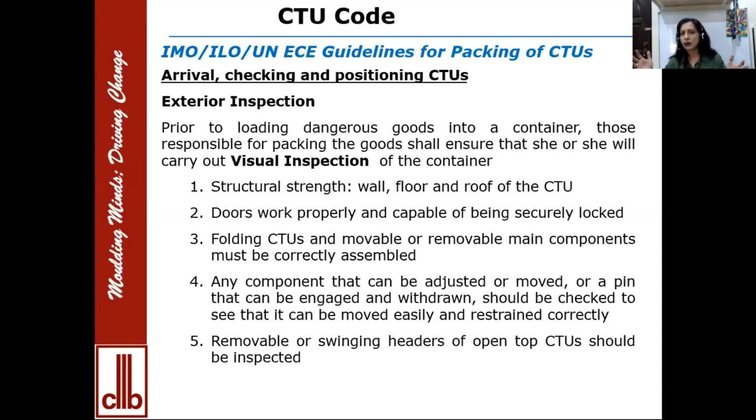The walls should not be distorted. There should be no rust, right? The floor must be smooth. There should be no broken flooring or protruding nails, because that would not only hurt people who are going to work that container, but it would also damage the packages when you drag them in, right? And of course, the roof of the CTU.